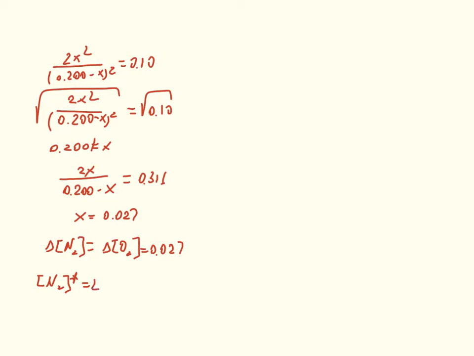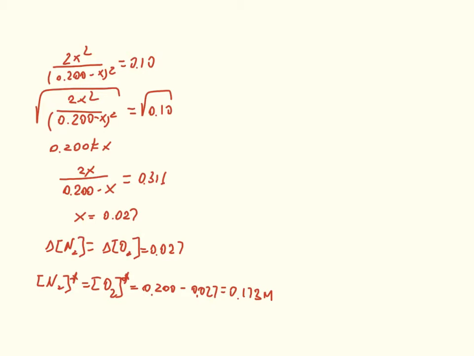again the same for both, and we usually designate equilibrium concentrations with asterisks. 0.200 minus 0.027 equal 0.173 molarity.